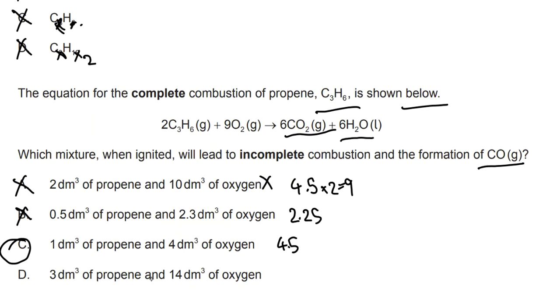And 3 cubic decimeters of propene, 3 times 4.5 is 13.5. We have excess oxygen, this is not it, so C is the correct answer.